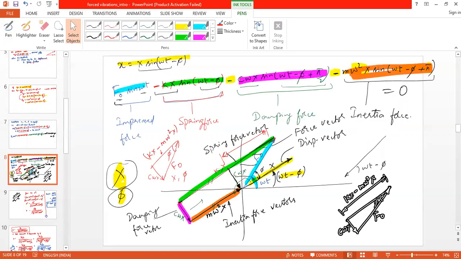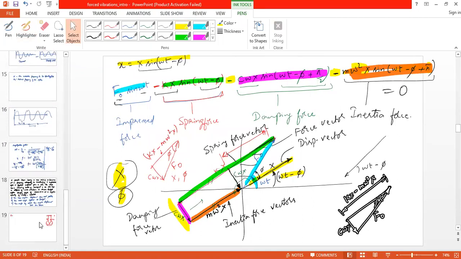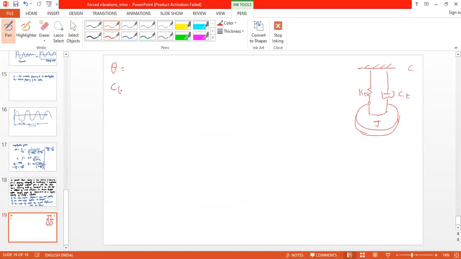The damping couple is C omega X. So here we need to find CT omega, and in place of X, I need to write theta.